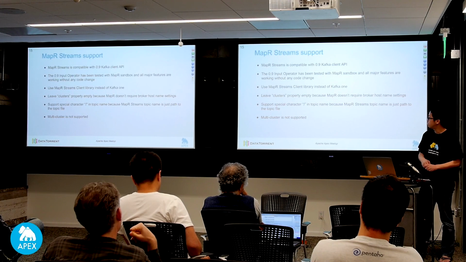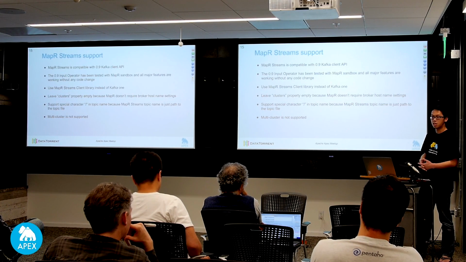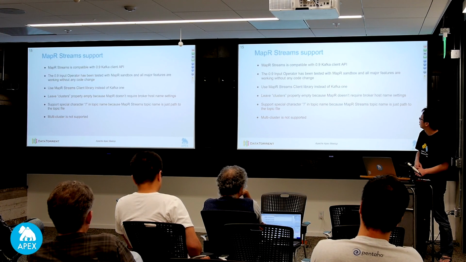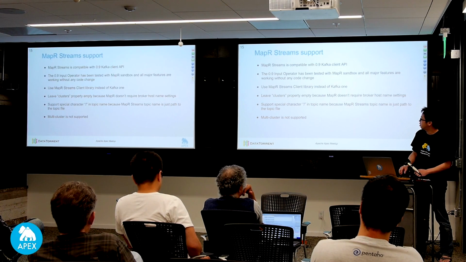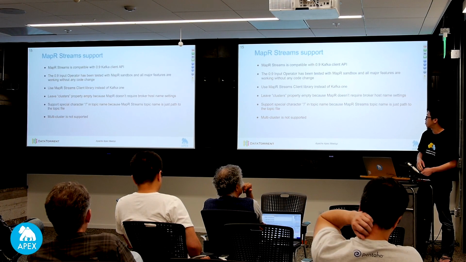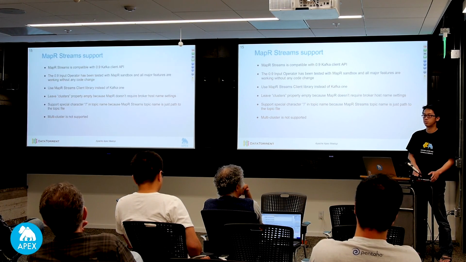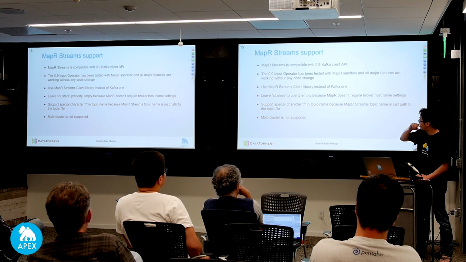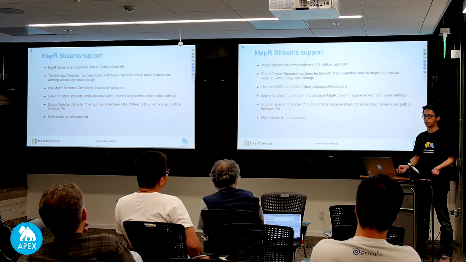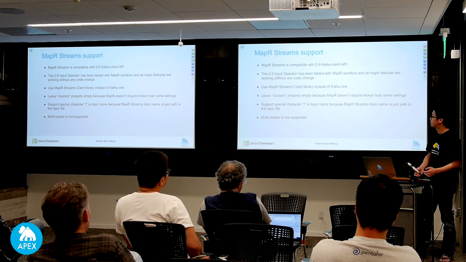First of all, you need to use the Malhar Stream client library instead of the official Kafka one. And then in the cluster property, you don't need to set the clusters because the Malhar Stream client library handles those issues and figures out where to get data from.